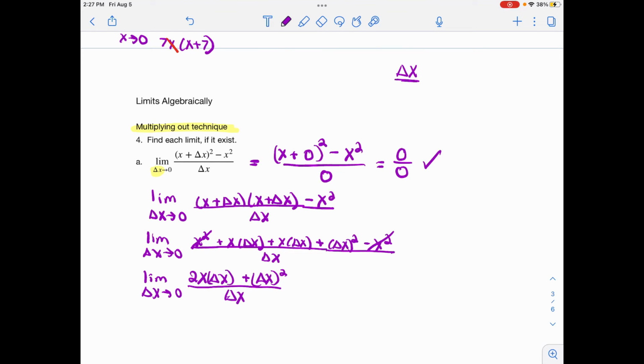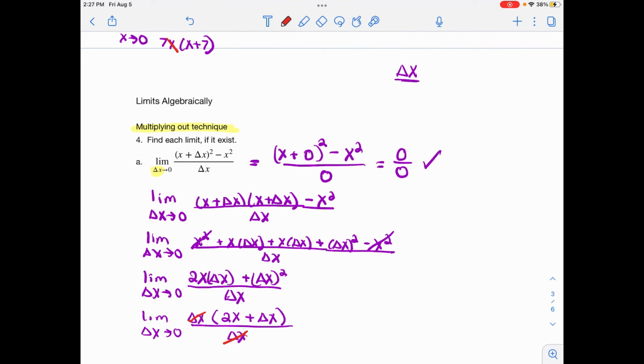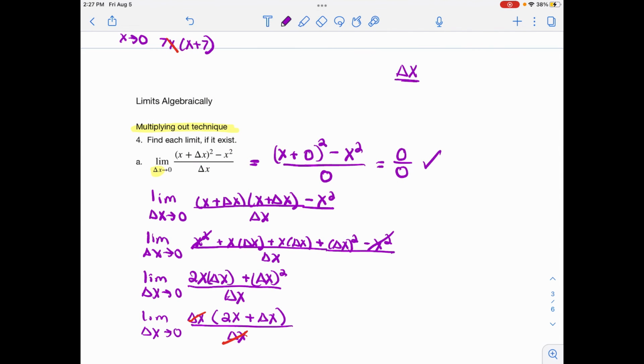Okay, and I notice all terms have delta x in it, so in the numerator I'm going to factor out my greatest common factor of delta x. That leaves me with a 2x plus a delta x over a delta x. And then now I can cancel out that delta x and delta x. So I've canceled out a term with our variable from the top and bottom.